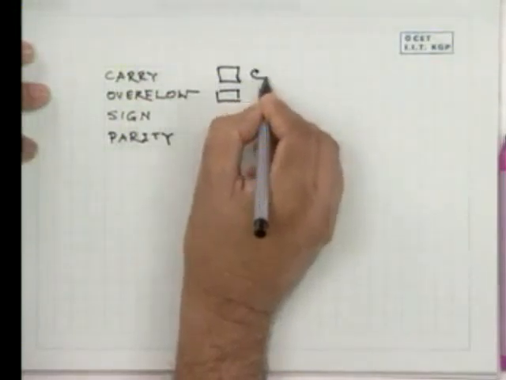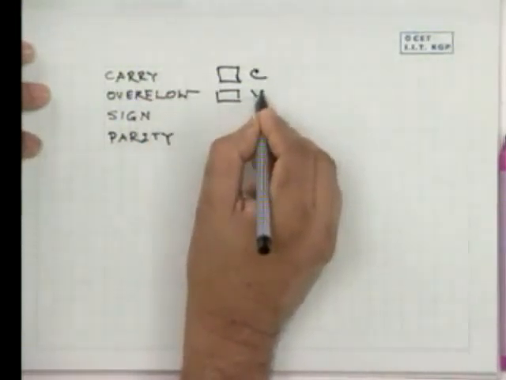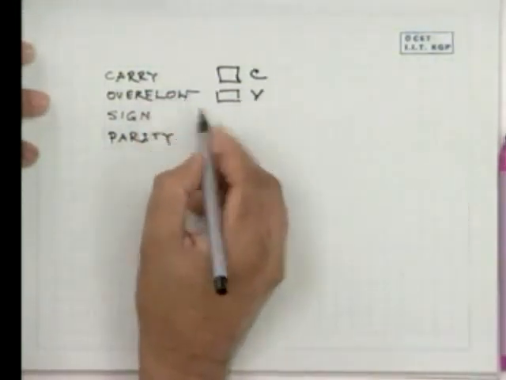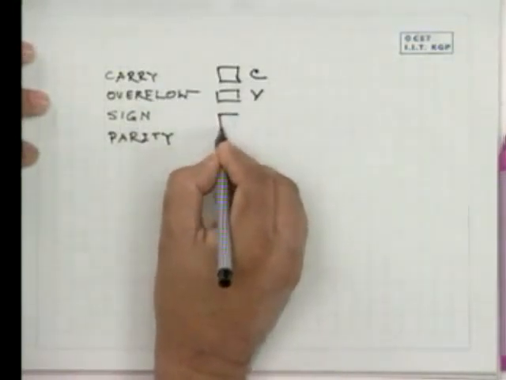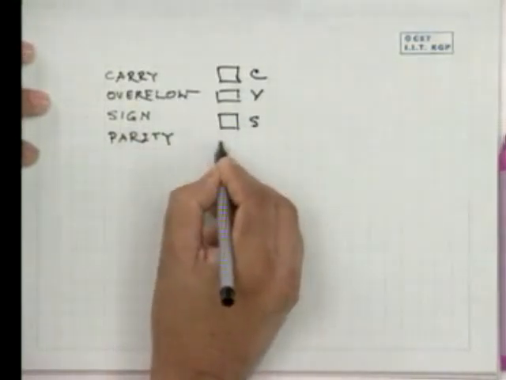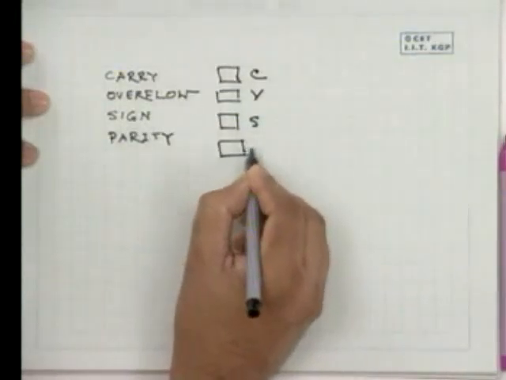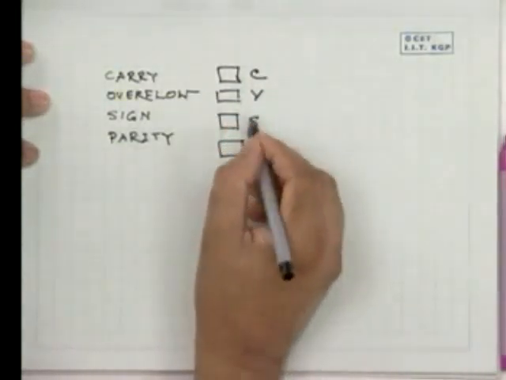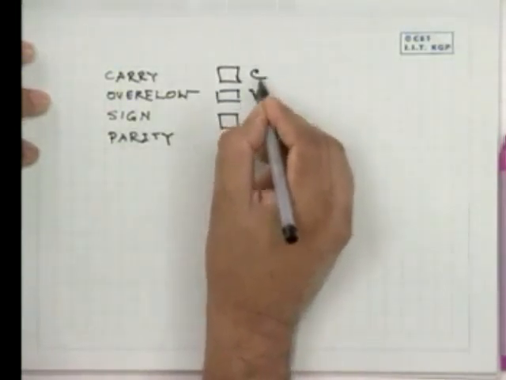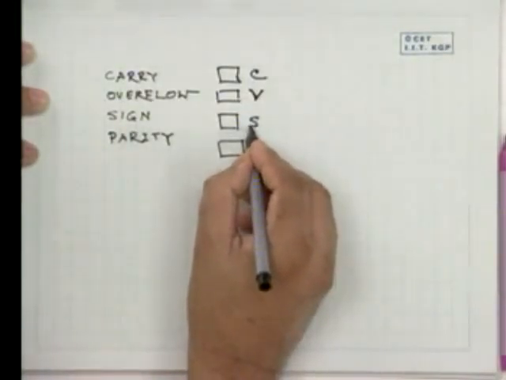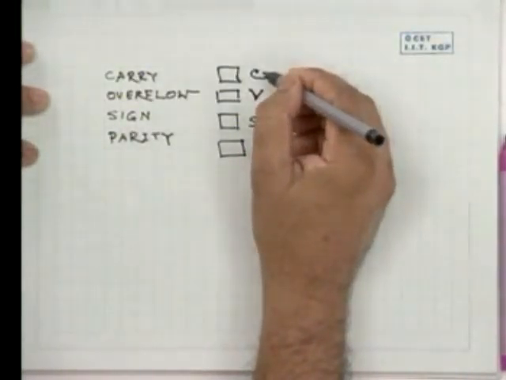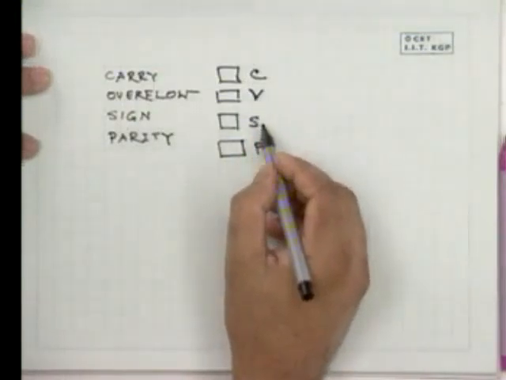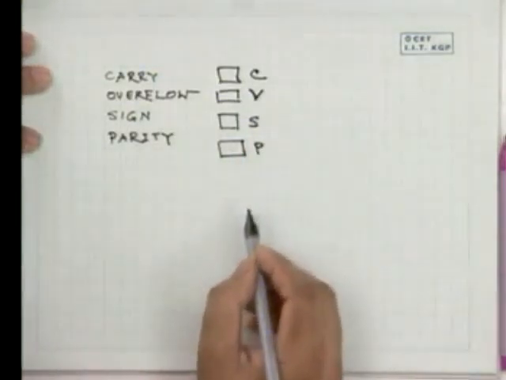This is generally known as C. This we call V, the overflow flag. This is the sign flag, and this is the parity flag. These are the abbreviations generally used. This is carry, this is overflow, this is sign, and this is parity.